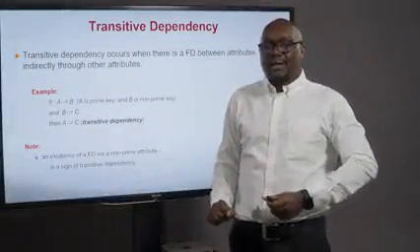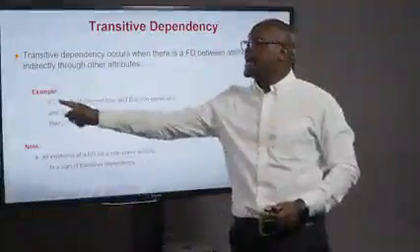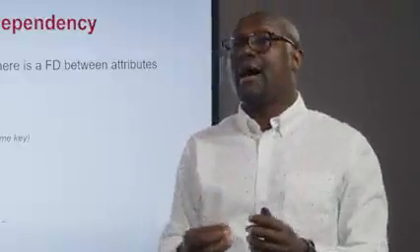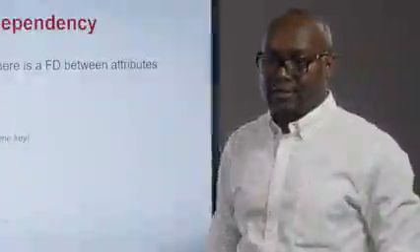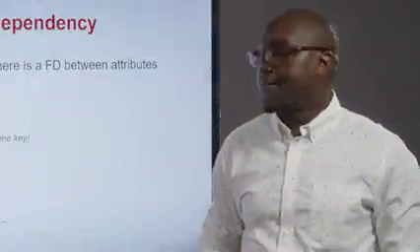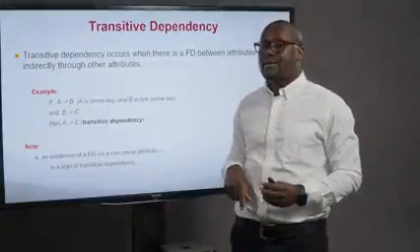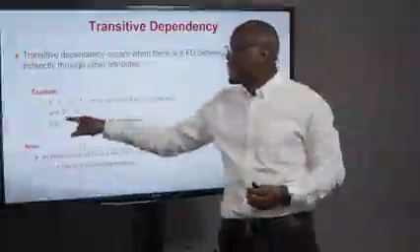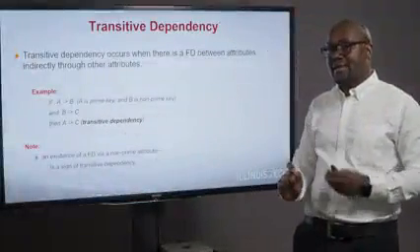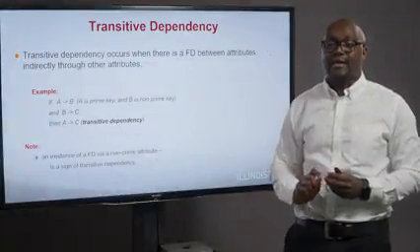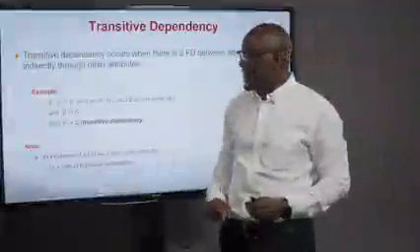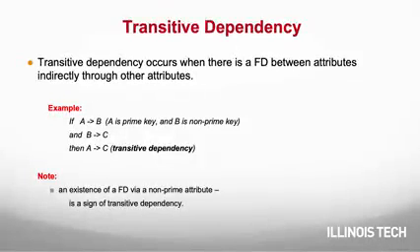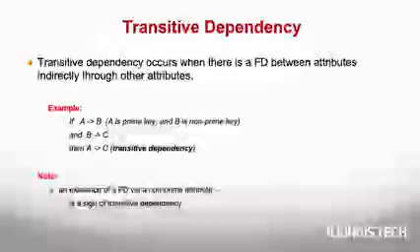One thing we need to note is that A is a prime key. And we say prime keys are part of the candidate key, meaning that it is a very important key that acts as a unique identifier. And B is a non-prime key. So a non-prime key becoming a determinant is an indication that that is going to be a transitive dependency. And we put a note here: an existence of a functional dependency via a non-prime attribute is a sign of a transitive dependency.